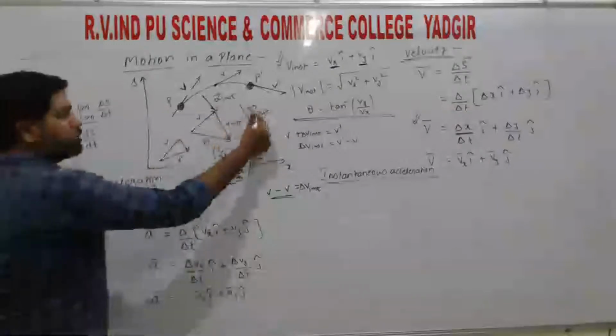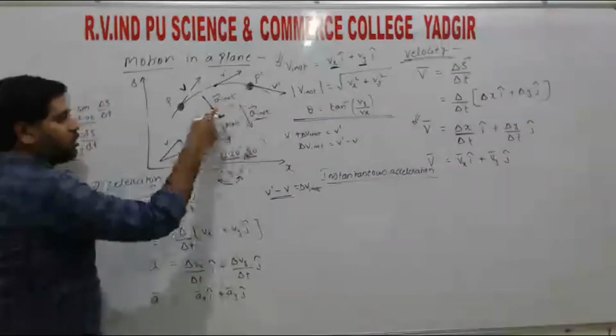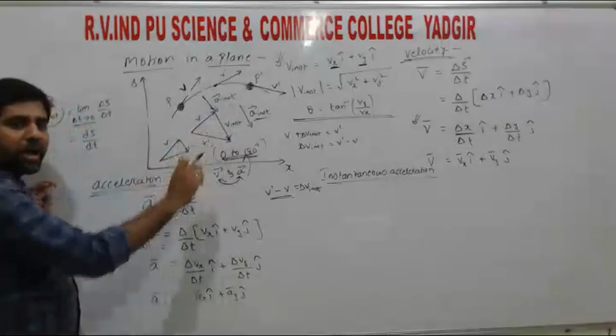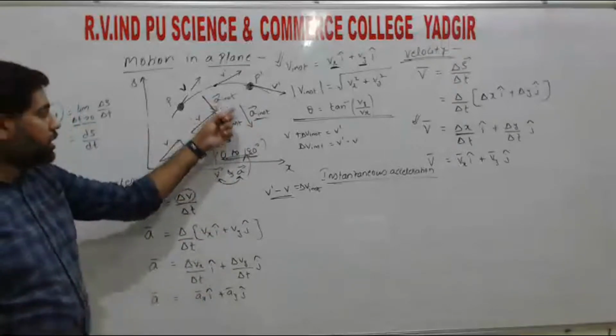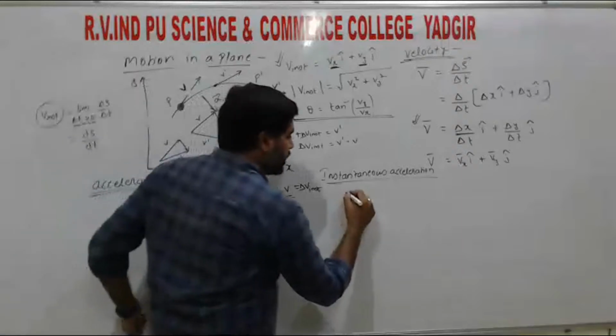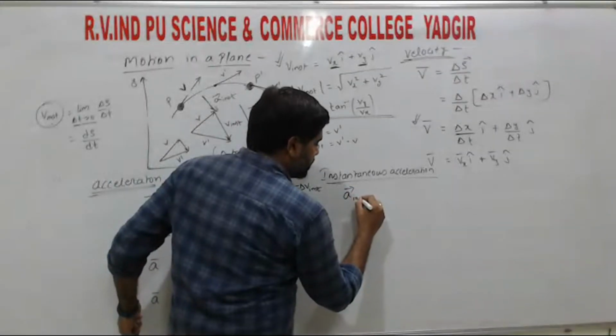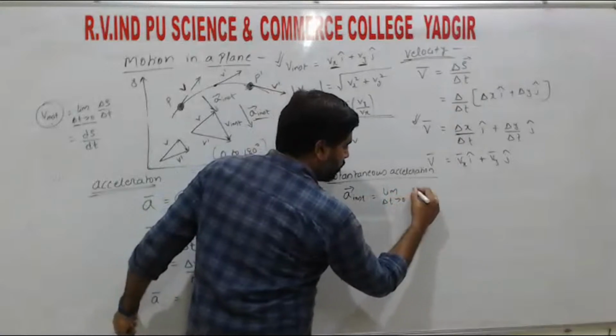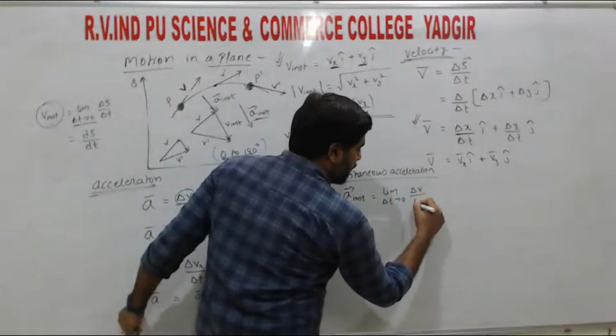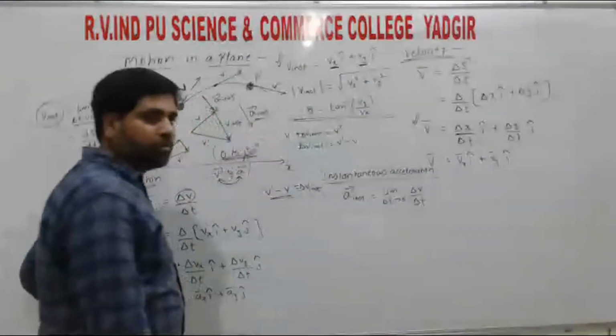So up to now, we have just used the triangle of vector addition, right? So this gives what? Instantaneous acceleration direction. So again for the instantaneous acceleration, that is equals to limit delta t tends to 0, delta V divided by delta t, right?